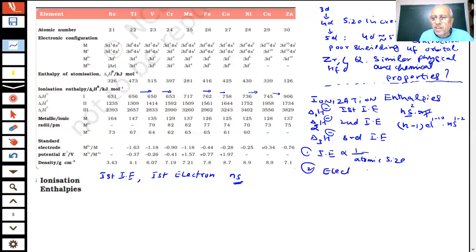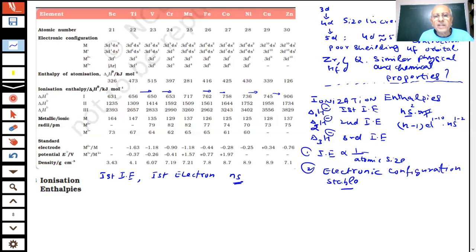Certain places you have stable electronic configuration, and then it will be more difficult to remove the electrons. You get extra stability in the case of half filled and completely filled orbitals, so naturally it will be more difficult to remove those electrons.